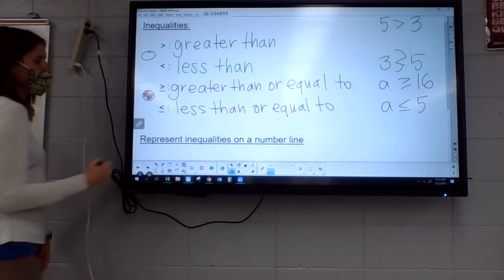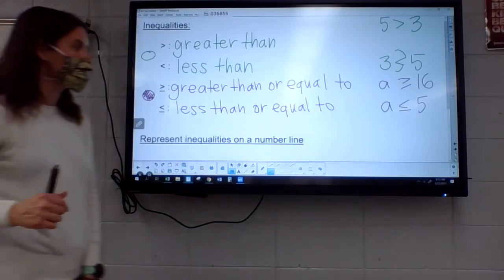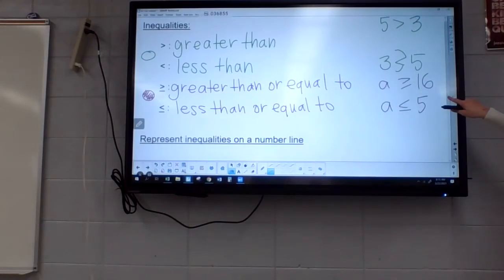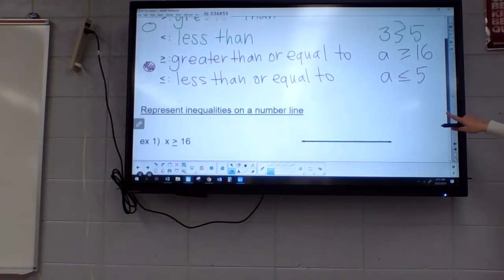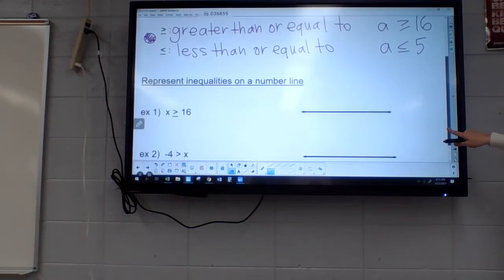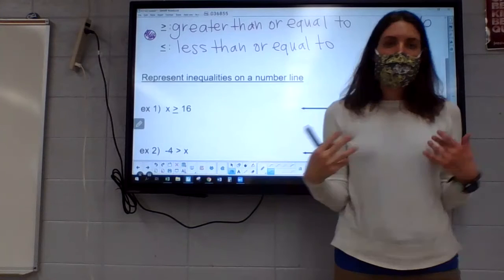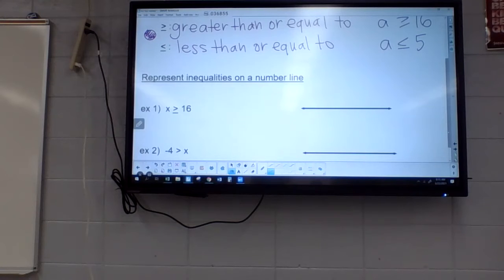So it's going to be a colored-in circle. Here's our driver's license inequality. The number line is going to show what ages you can get your driver's license.